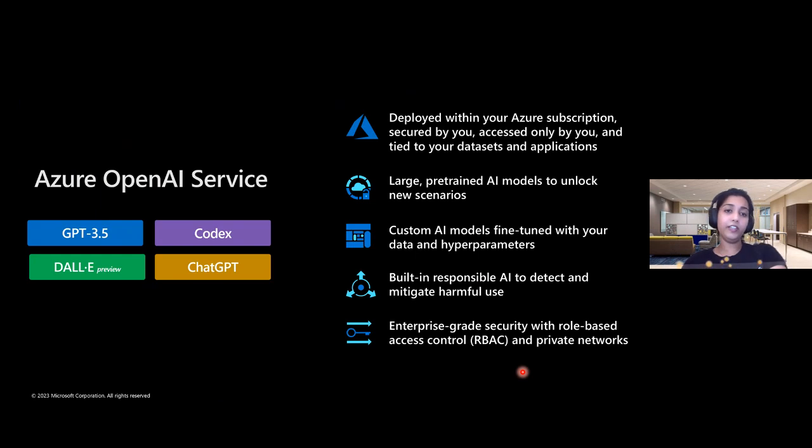So again, these are things to keep in mind. There are also built-in responsible AI features that are there as part of Azure OpenAI service, things like content filtering, abuse monitoring, to make sure that no harmful language, vulgar language, nothing outside of the organizational norms is being used, and everything is contained within the proper ways of working of the organization itself.